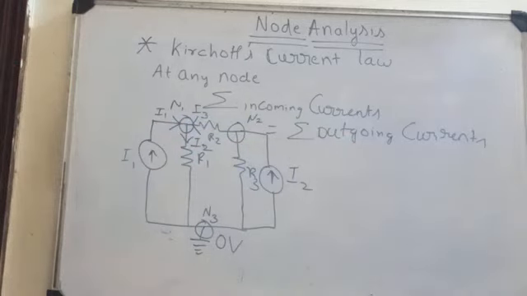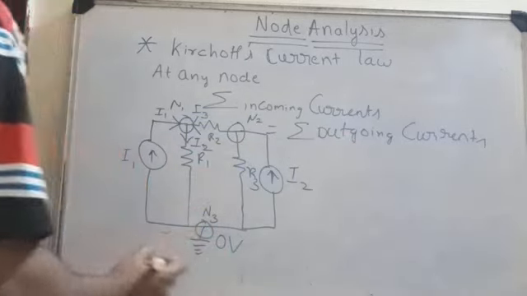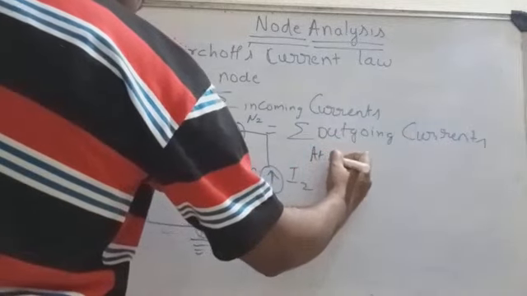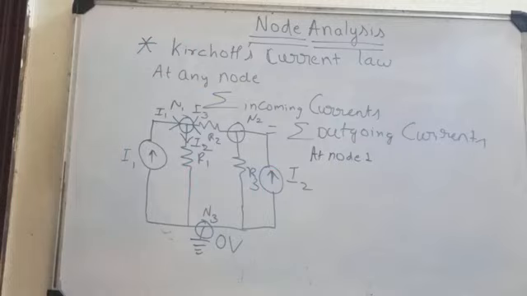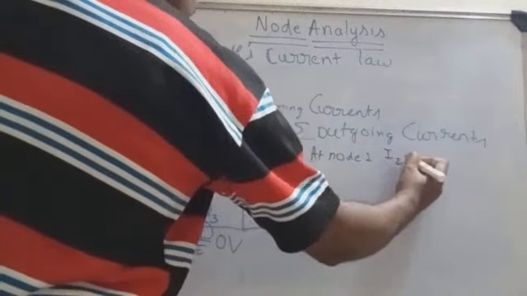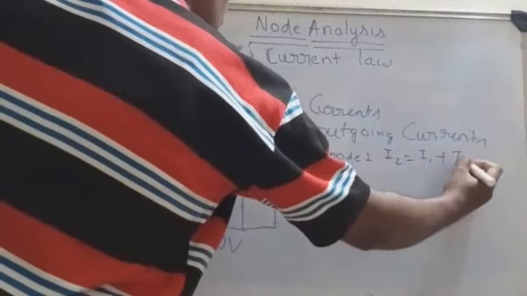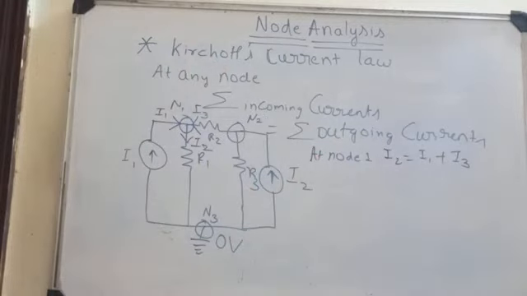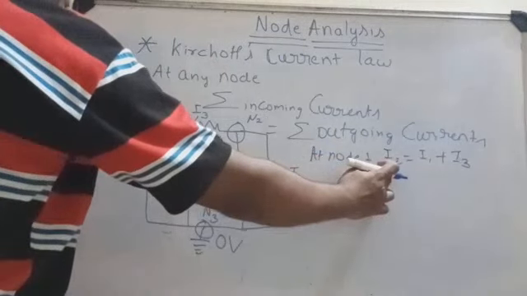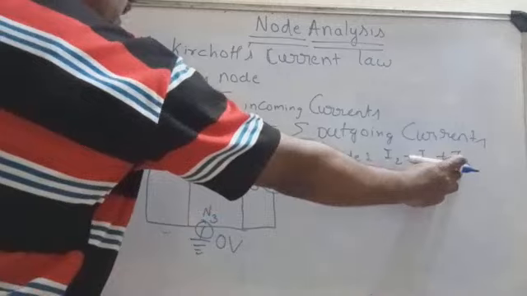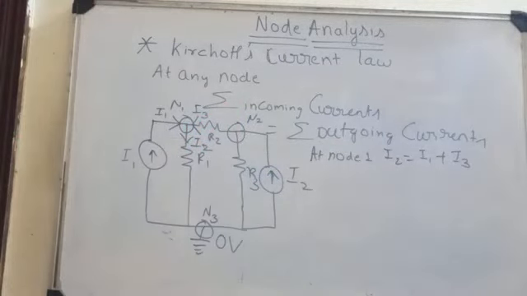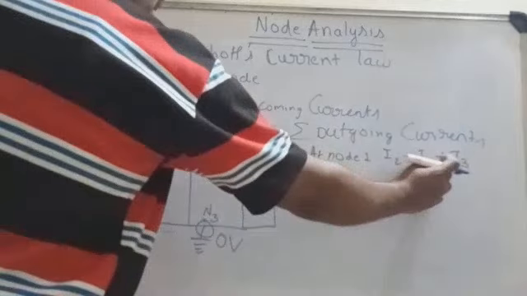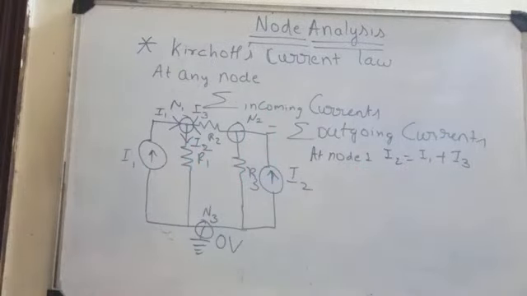Still the KCL works. So write at node 1: I2 equals I1 plus I3. So this is the outgoing current, these are the incoming currents. So only one outgoing current, I2, and two incoming currents I1 and I3.